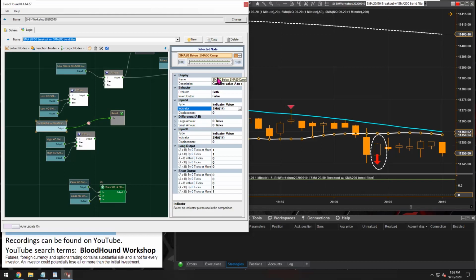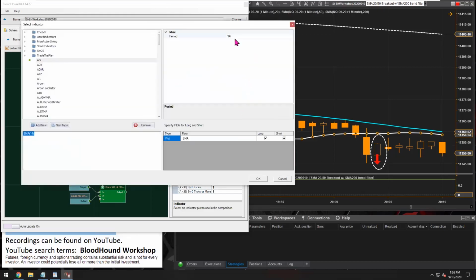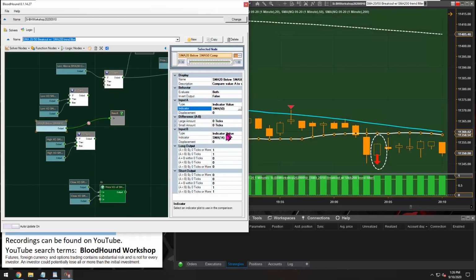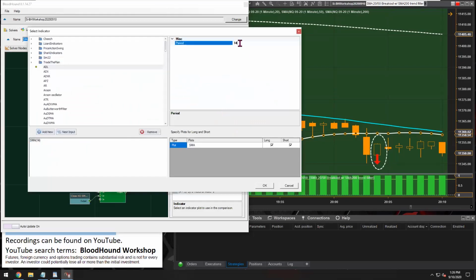This solver is specifically looking for the SMA 20 to be below the SMA 50. All right, so let's see. I'll put the 50 in first. It's not going to matter if I put the SMA 20 in first or the SMA 50 in first.